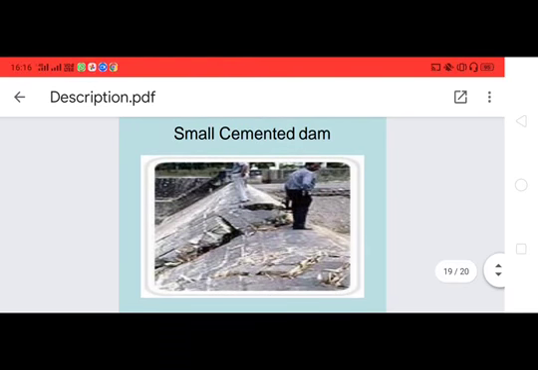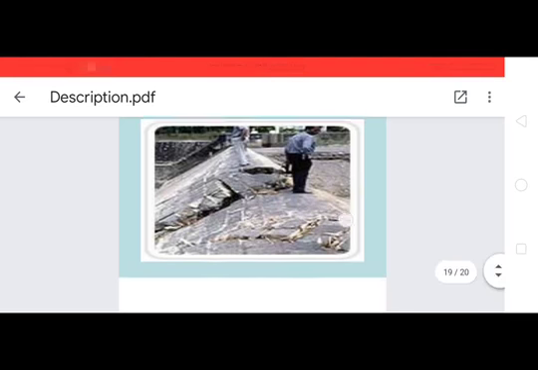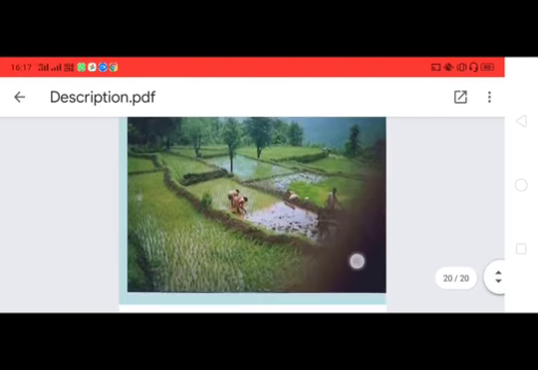As well as that, a cemented dam can be introduced to reduce soil erosion where the soil is sandy and there is a tendency for soil particles to be washed out by the velocity of the water. So this type of small cemented dam is introduced.